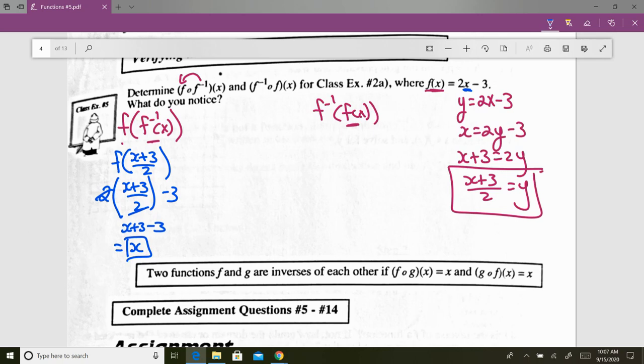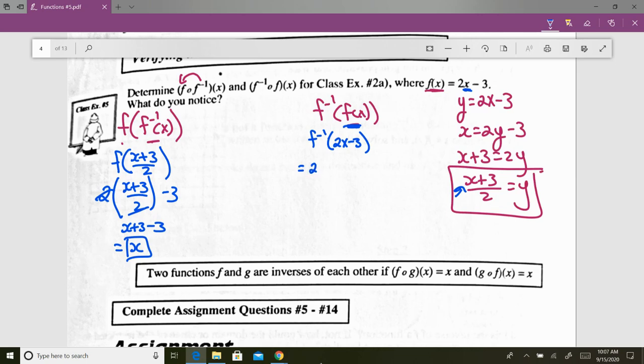Okay. Now let's do the other one. The original function is going into the inverse. F to the minus 1 of the original, which is 2x minus 3. So the 2x minus 3 goes into the inverse. This is the inverse right here, into that x there.